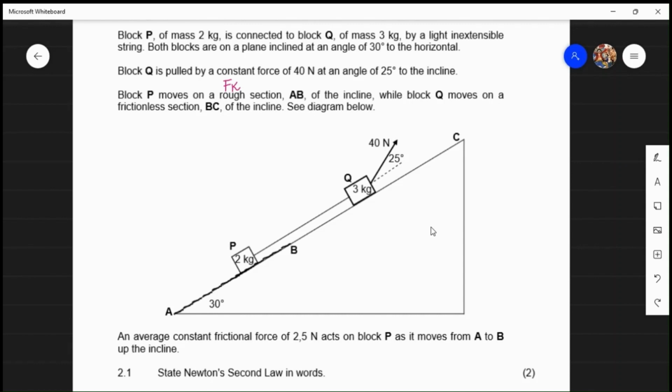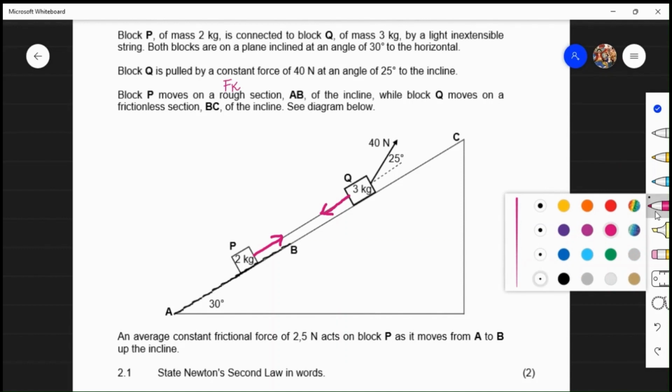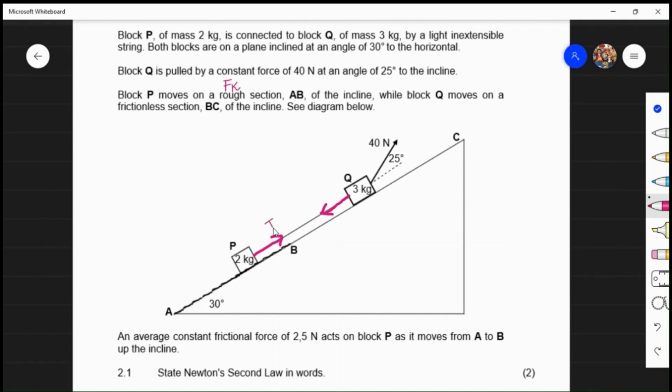Because we have a string, we therefore have tensional force. Now, if you remember, we mentioned that tensional force moves along the string away from the mass or away from the object. Therefore, our tensional force for block P is going to move in that direction, which is up the incline, while our tensional force in block Q is going to move down the incline.